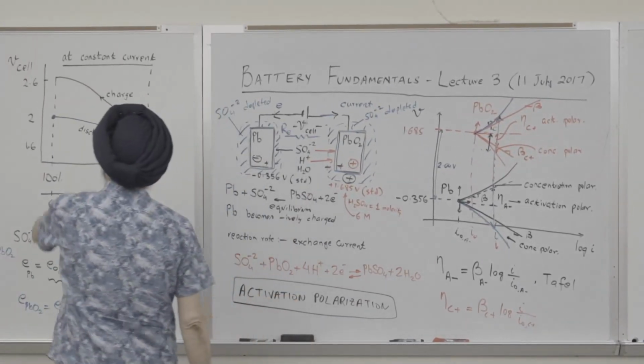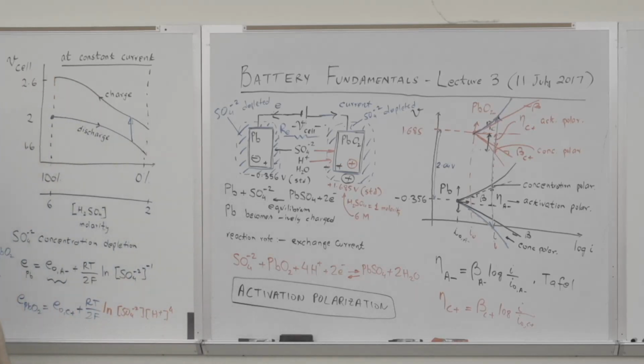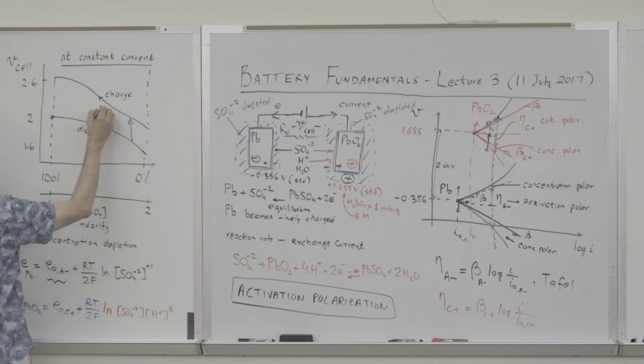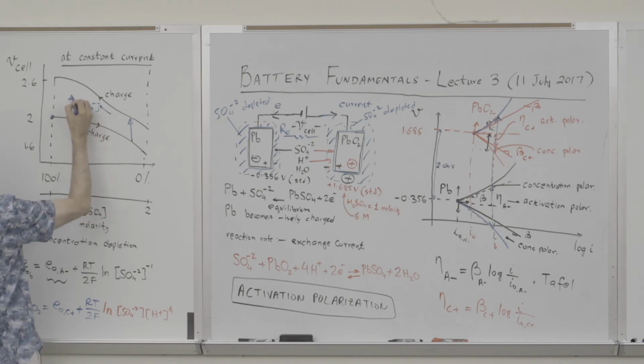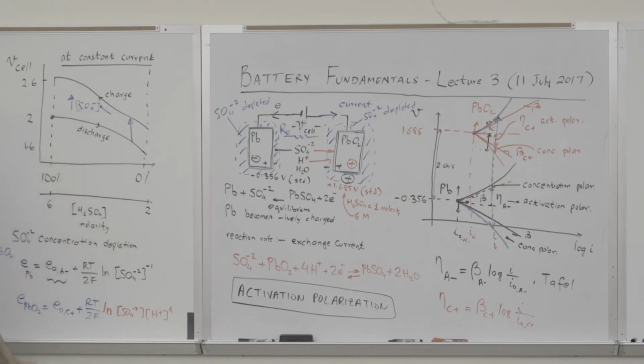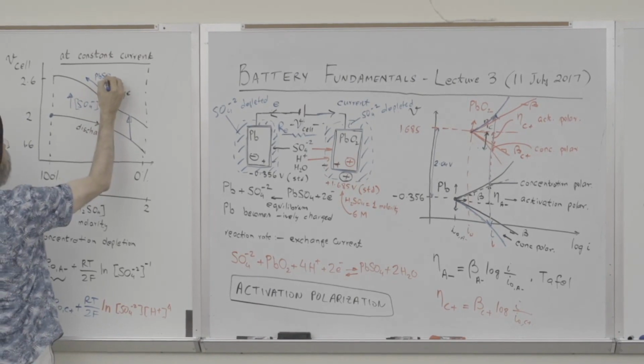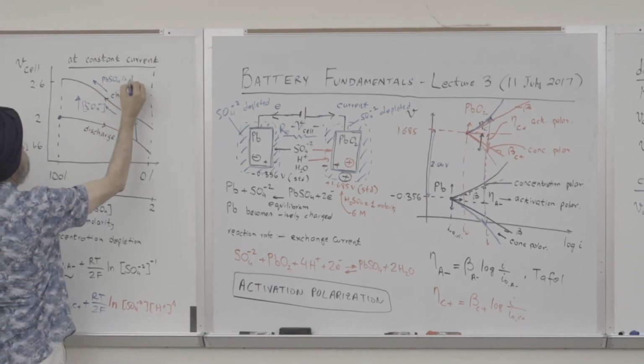So now, why does the curve go up? So the curve goes up because as we go up this slope, the sulfate ion concentration increases. So that is increasing the voltage, plus the PbSO4 is dissolving.